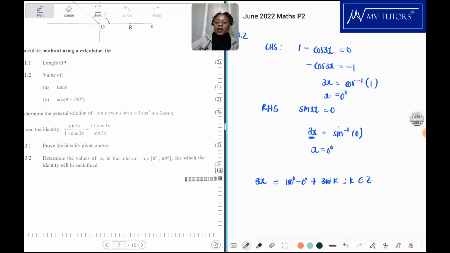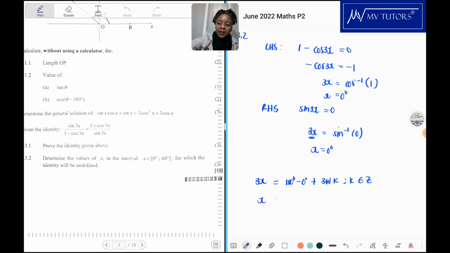If we had a bigger range, if the domain was between negative 360 and 360, yes, you would get more answers. But because the domain has been limited to 0 and 60, you can't get anything but 0. So what do I mean?